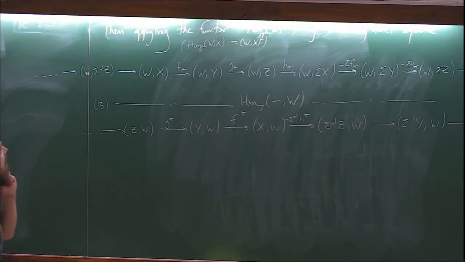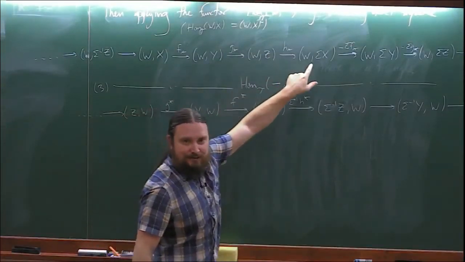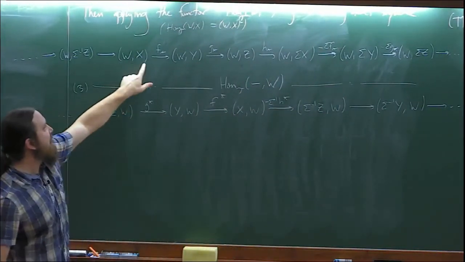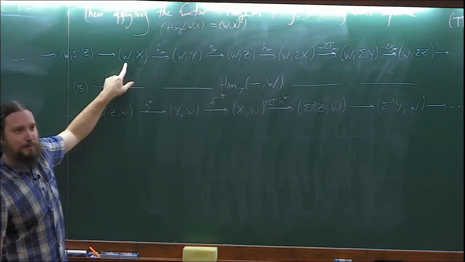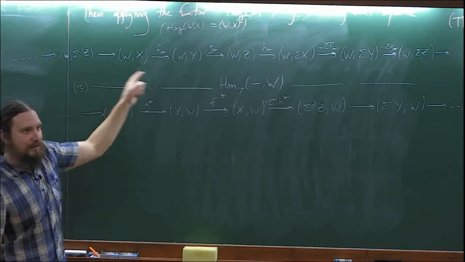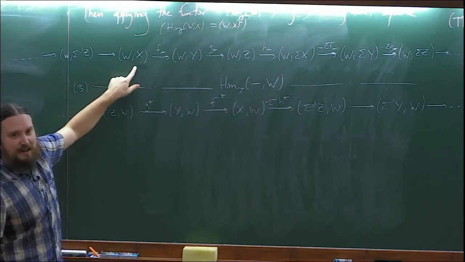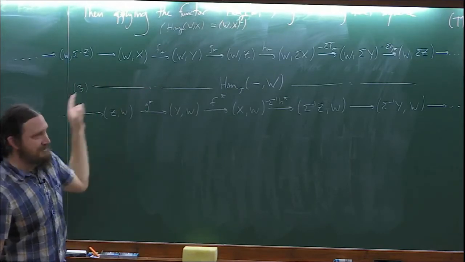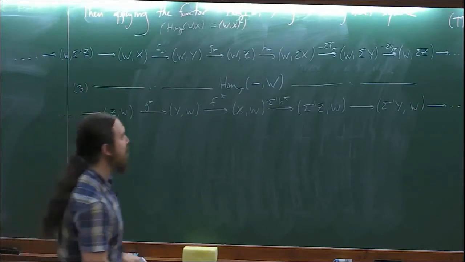Now, I'd like to note that all of these vector spaces, these Hom spaces from W to T, whenever you have your morphism, say here, from W to X, you can always precompose it with an endomorphism of W, and you will get a new morphism from W to X. So this space here is actually a module over the endomorphism algebra of W. And this long exact sequence is a long exact sequence of modules over this endomorphism algebra.